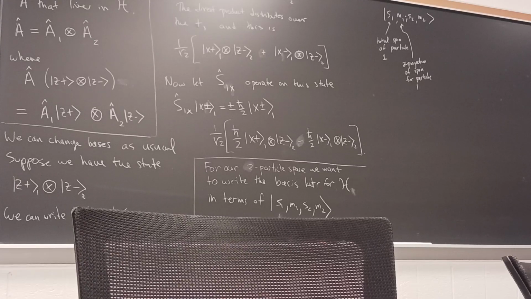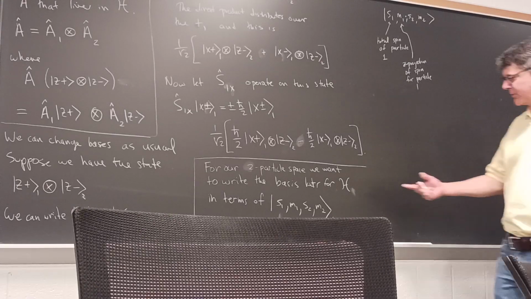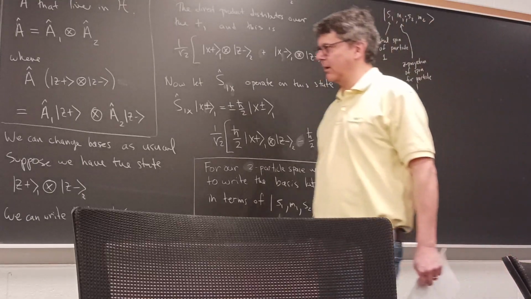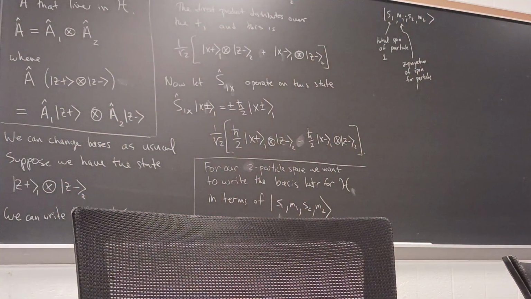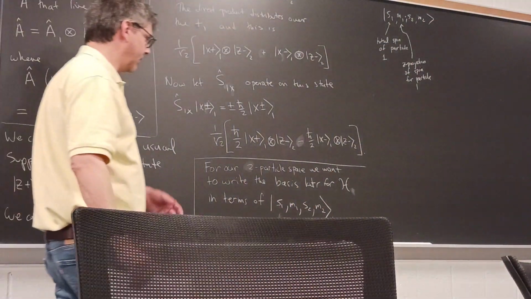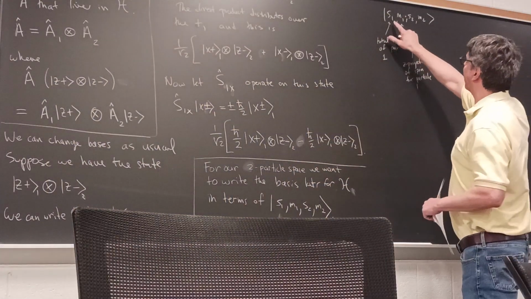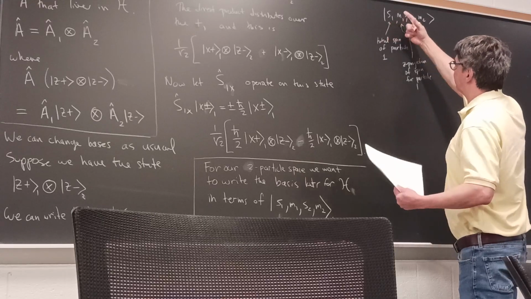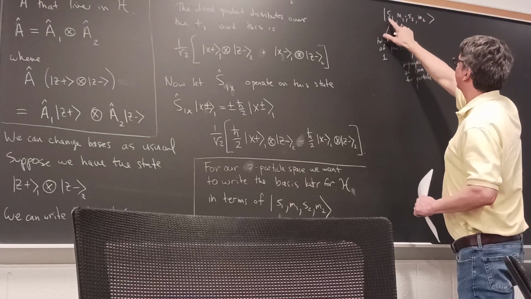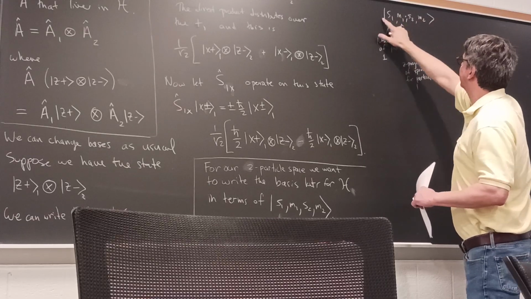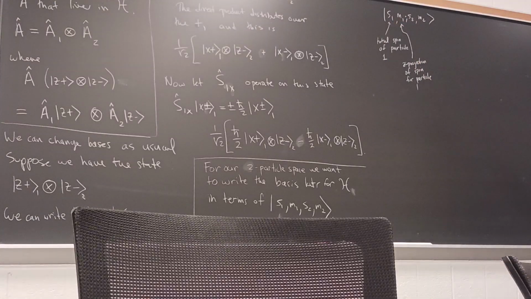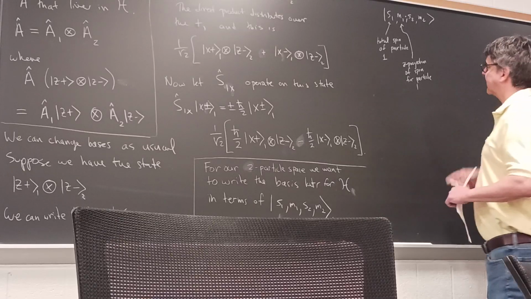Okay, so we wrote those before because that was another way for us to write the basis kets of our Hilbert space. So instead of doing it in terms of Z plus and Z minus and those kinds of things, we wrote it in terms of J and M. But in this case, we have two particles, so we're just going to change calling this thing S instead of J. But that's all we're doing here. We want to find what the kets are in terms of the angular momentum eigenstates.